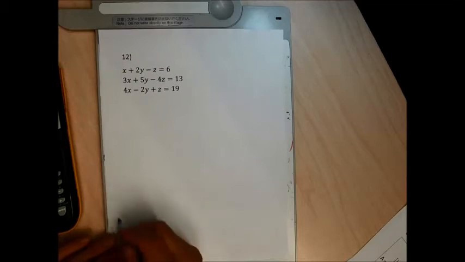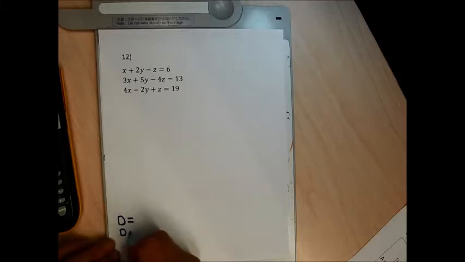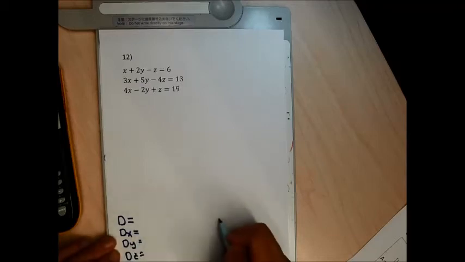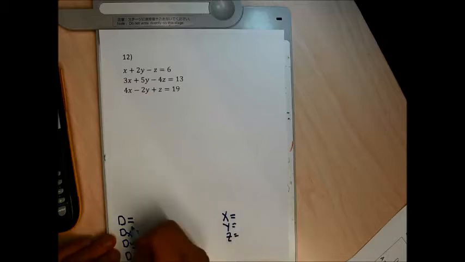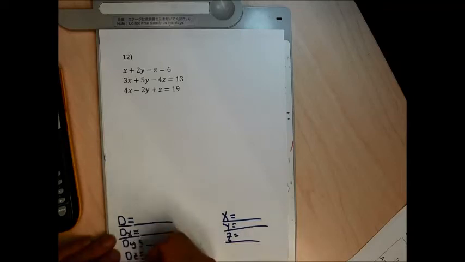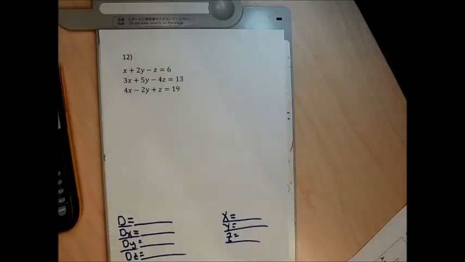To solve this using Cramer's rule, I'm going to have to find a D sub x, a D sub y, a D sub z, and then I'll get an answer for x, y, and z. And on the test, if I give you a Cramer's rule problem that has an x, y, and a z, you're going to be responsible for writing 7 different numbers down.